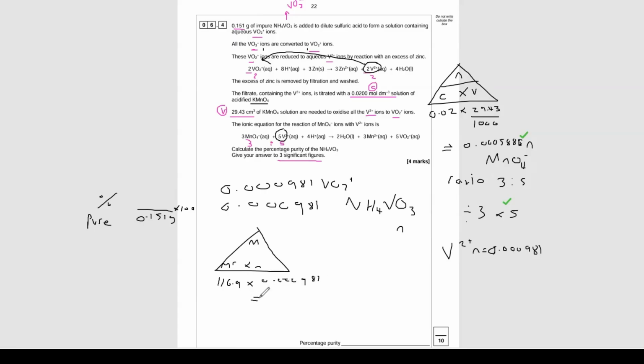And that is going to give me 0.114679. And that is grams. Okay, now all I need to do is divide that, as we said up there, by 0.51 times 100. Let's see what we get.